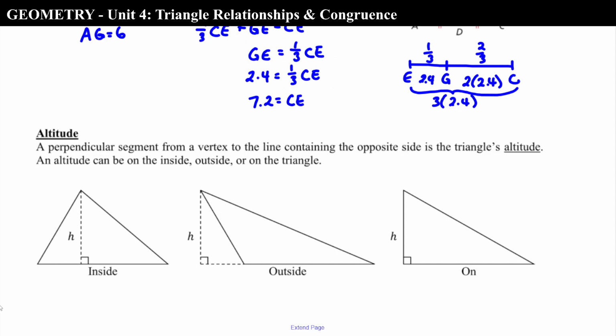Okay? So if we have an acute triangle, our altitude is typically going to be on the inside. If we have an obtuse triangle, then it's going to typically be on the outside, because the altitude is just the triangle's height. How tall is the triangle? Here, for a right triangle, it is basically on the triangle itself.